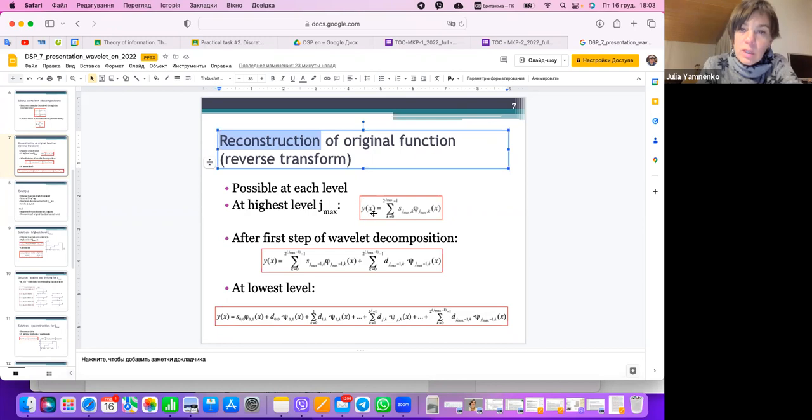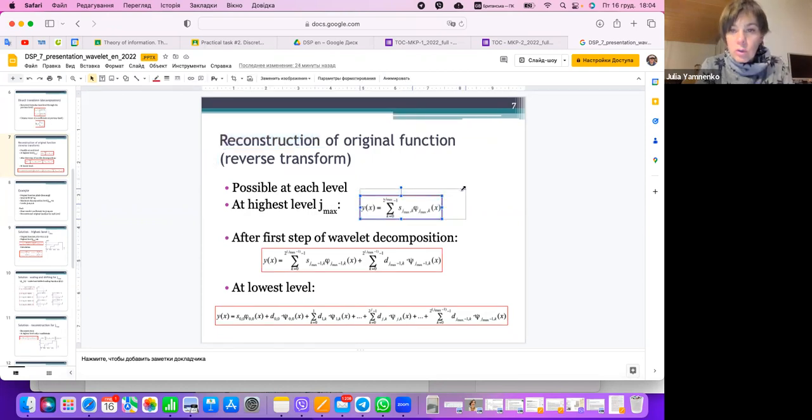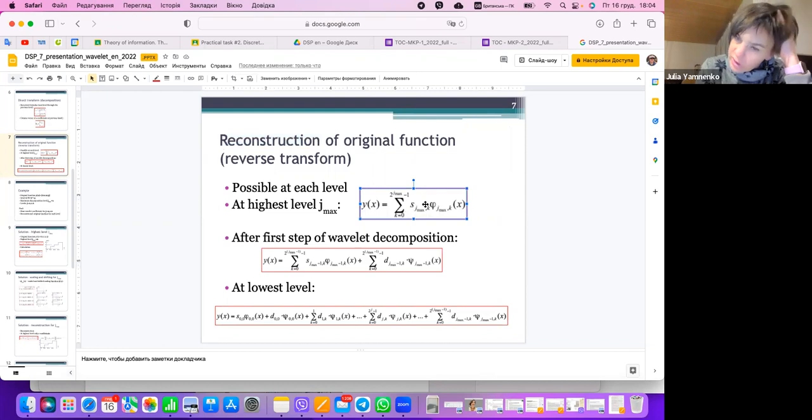The original function is marked as y of x. Here is a formula for the reconstruction of this original function if we stopped at the highest level. We have only these S coefficients, and as you can see, we should multiply each of these coefficients S by the scaling function phi, because phi is the notation for the scaling function.